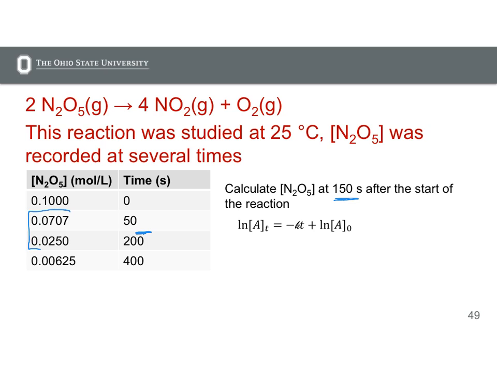So that's our goal. And essentially at this point, we plug and chug, as they say. So natural log of A at some time t, that's what we're solving for, where our time is 150 seconds. We know our k value from the plot on the previous slide.